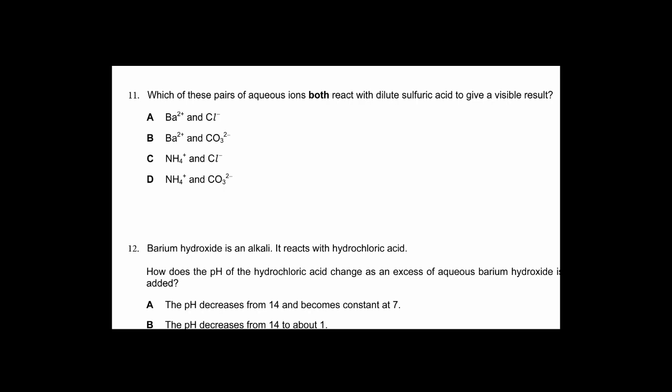We are having A, barium ion and chloride ion. So we have sulfuric acid. We put barium there. We understand that when we are looking at sulfates, we say all sulfates are soluble except the sulfates of barium, lead and calcium.